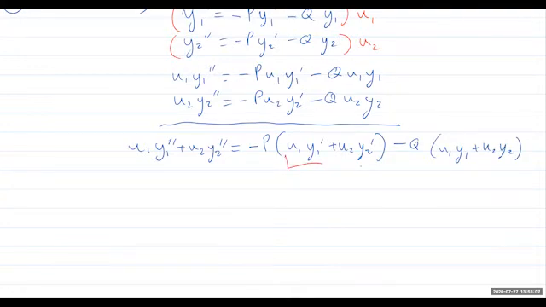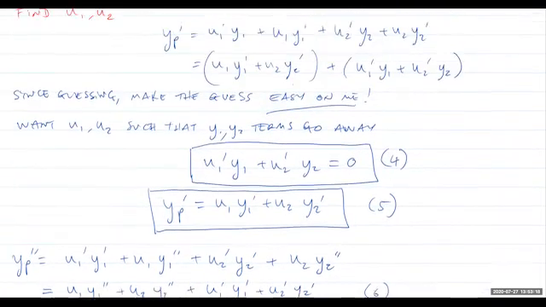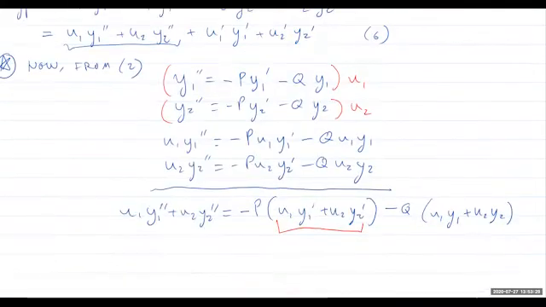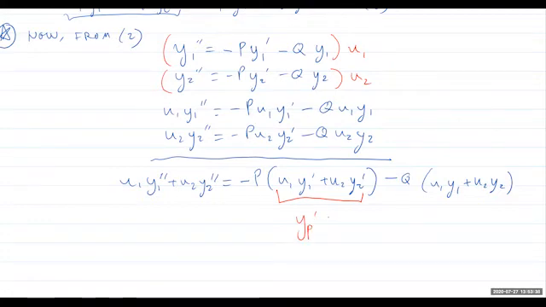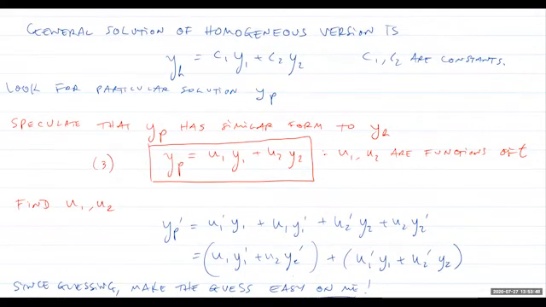Now look at this. Have I seen this before? u1 y1 prime plus u2 y2 prime? Yes, I have. Here it is. This bracket is equal to yp prime because of equation 5. How about this other bracket? Here it is. It is equal to yp because of equation 3.